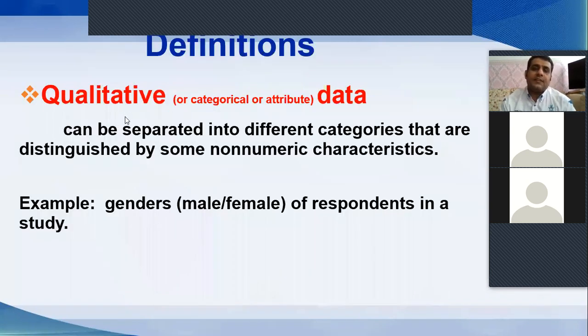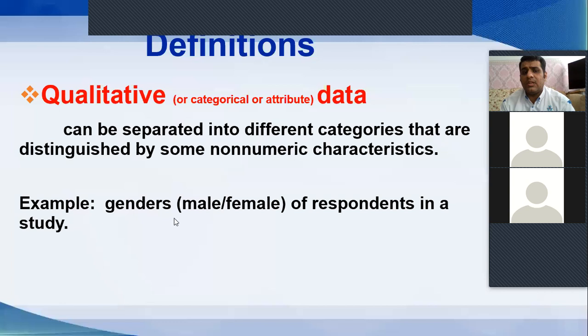Then the further definition of qualitative data or categorical data. Categorical data can be separated into different categories. Just now we have studied different categories. Different categories can be involved that are distinguished by some characteristics, like gender. How many males are there, how many females are there in one study.